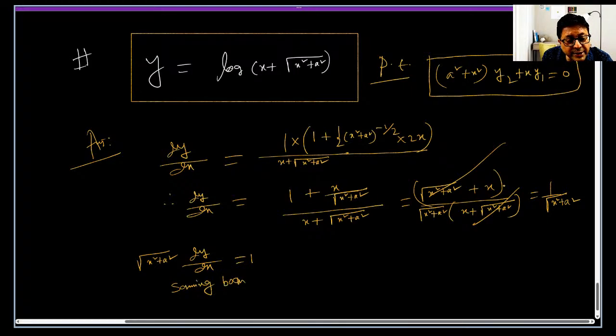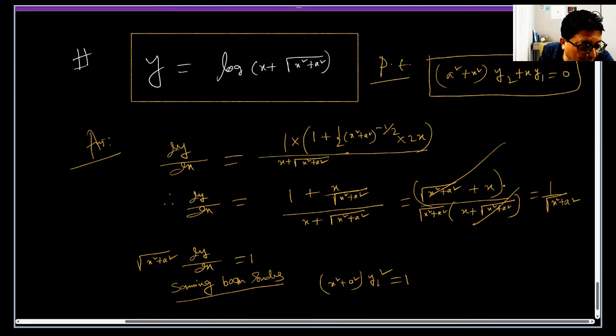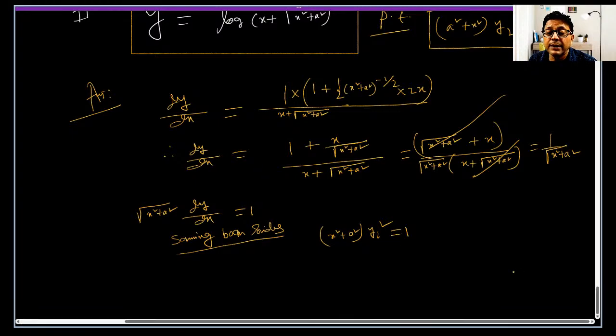Squaring both sides, what do you get? x square plus a square y1 square equal to 1. Isn't it? Do you understand what I did there? I have cross multiplied and squared both sides. y1 stands for dy by dx.